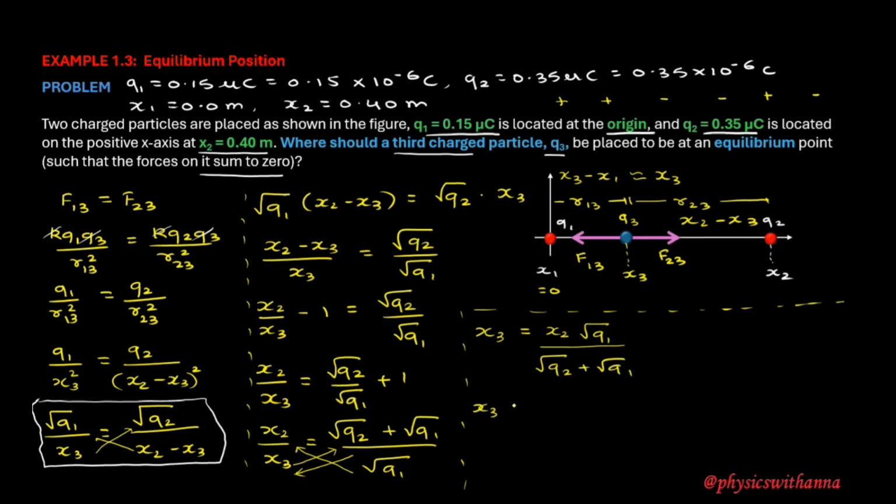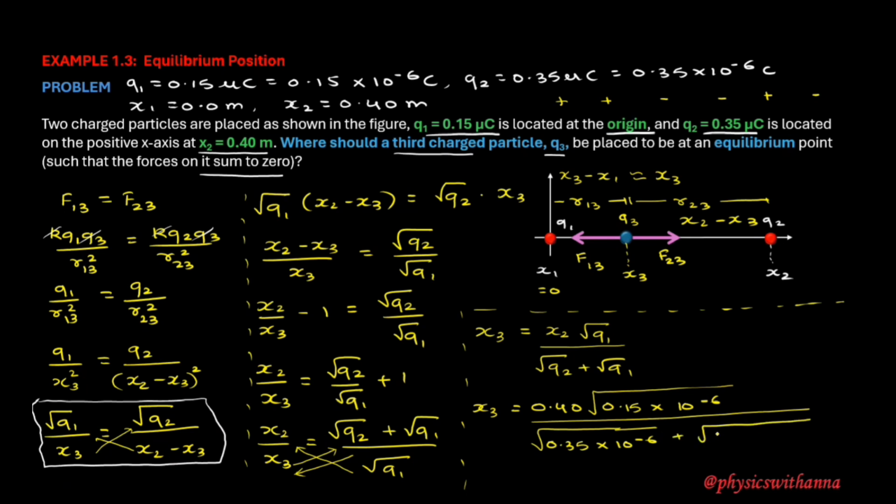We get x3 to be equal to x2 is 0.4, square root Q1 is 0.15 times 10 to the power negative 6 over square root Q2 is 0.35 times 10 to the power negative 6 plus square root Q1 is 0.15 times 10 to the power negative 6.